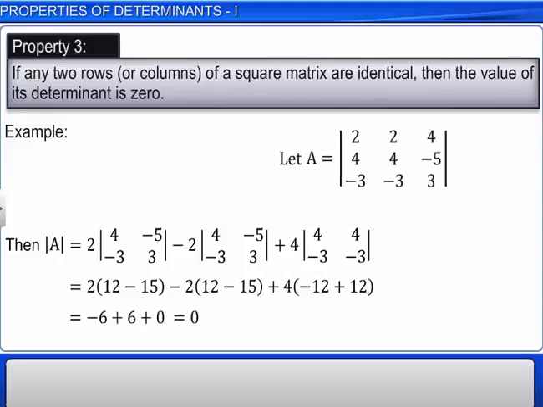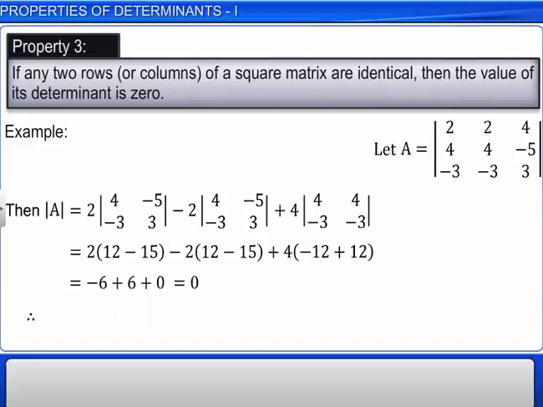Hence, the determinant of a matrix, when two of its rows or columns are identical, is 0. This verifies the result.